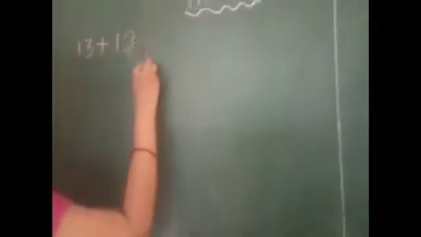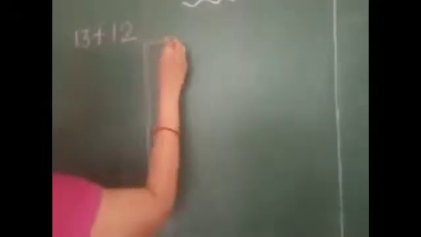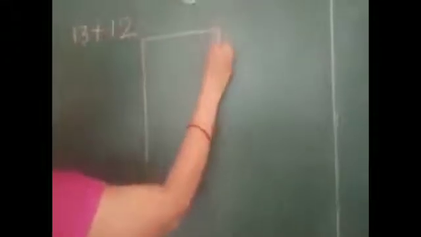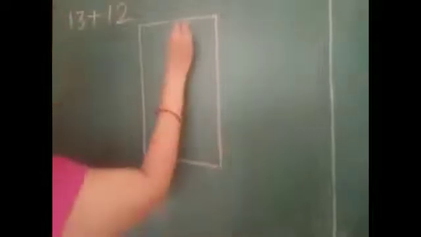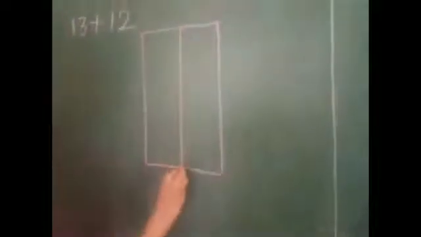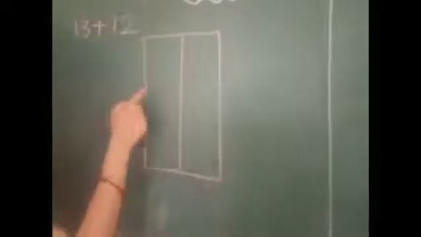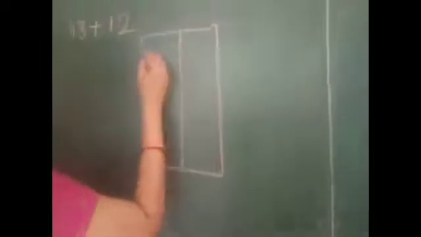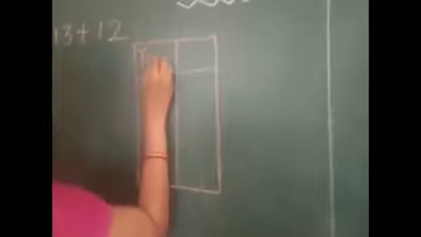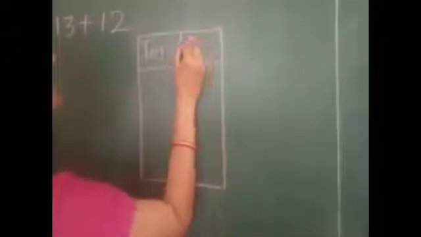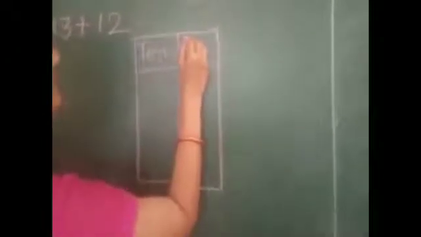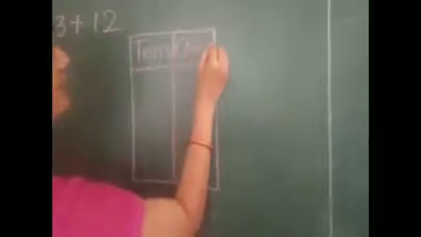Firstly, we have to draw two columns, one for tens place and one for ones place or unit place.